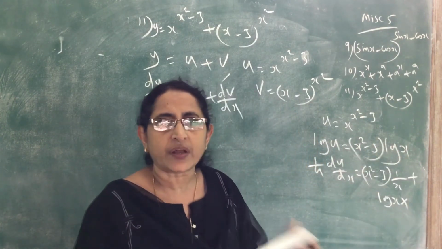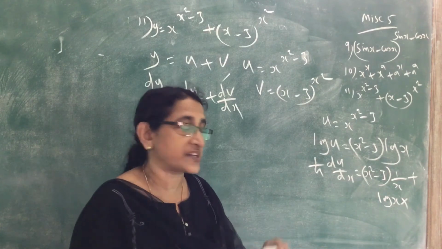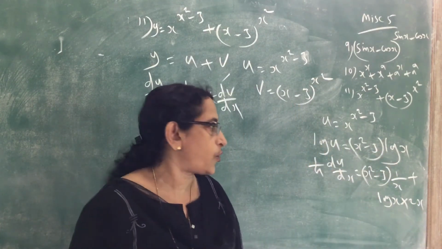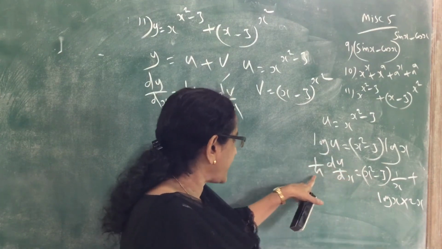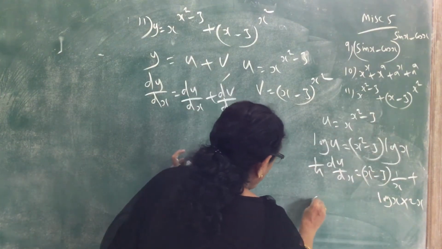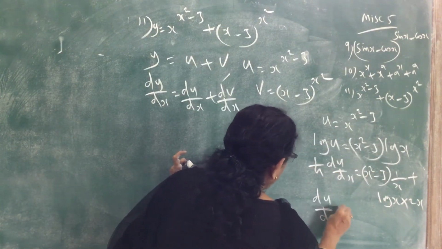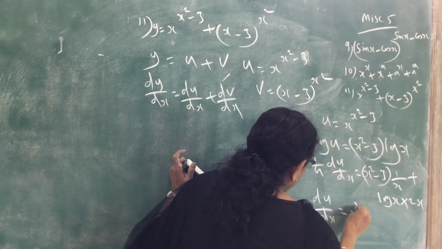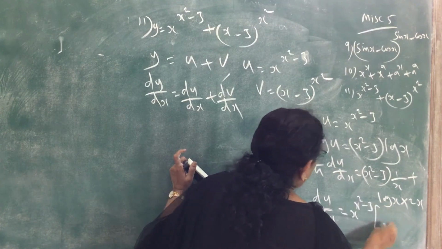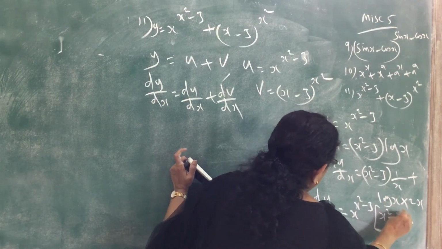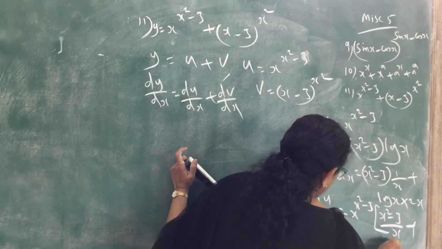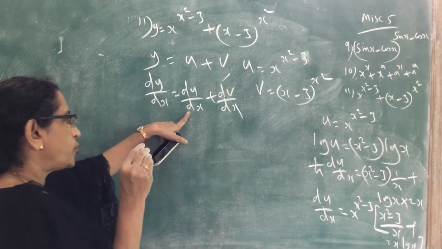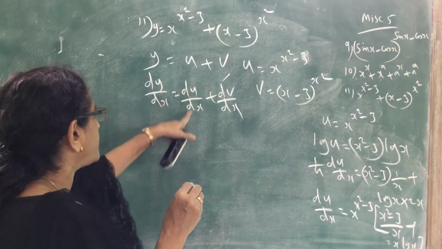What's the derivative of x square minus 3? The derivative of x square is 2x, and the derivative of minus 3 is 0. Only that. Now we can take u to that side. So du by dx is equal to u into, what is u? Directly I am going to substitute. u is x raised to x square minus 3 into x square minus 3 divided by x plus 2x log x. We can substitute that in the place of du by dx.